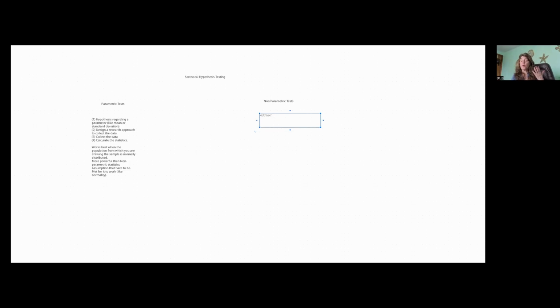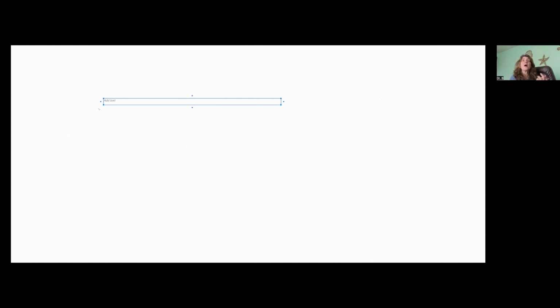So we already talked about one of the assumptions, and that is normality, that the population from which you draw your data is normally distributed. And we know that there's a lot of data that's not normally distributed, like income data, but also attitudinal data.